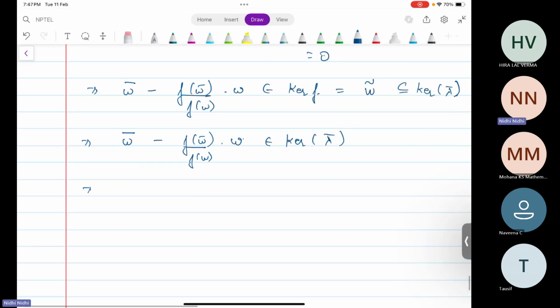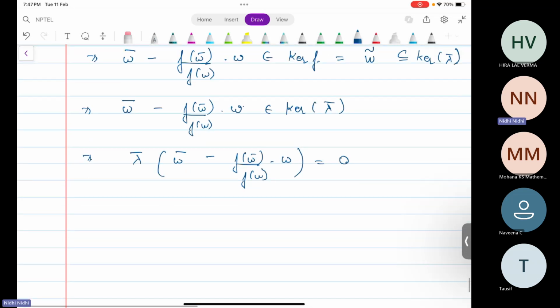This gives us lambda bar of w bar minus f w bar by f w times w is equal to 0. This gives us lambda bar w bar is equal to f w bar by f w times lambda bar w.